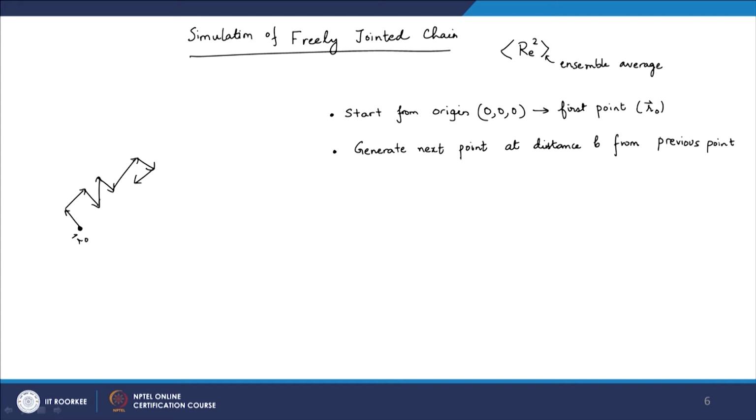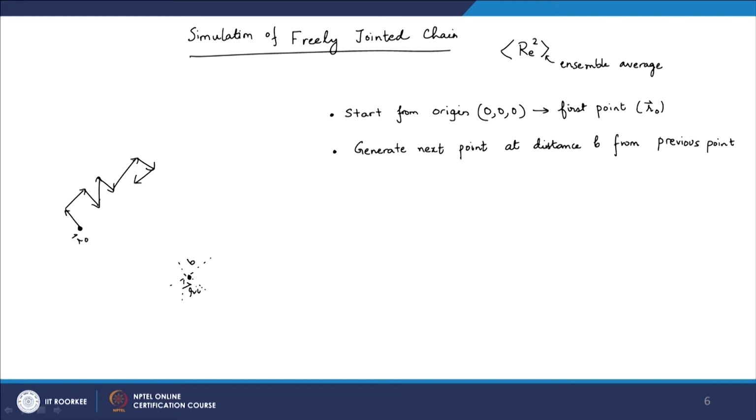And there is a particular way of doing it. So, let us say if I have started from this point, if this is my r I, then r I plus 1 has to be at a distance b, but then it can be in any direction in the 3 dimensions.